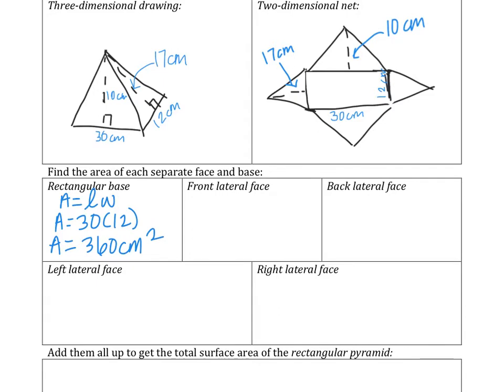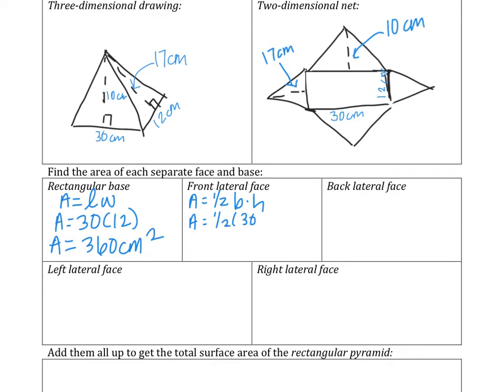Now we're going to find the front lateral face, and that is going to be a triangle. So area equals half base times height. The front lateral face is the one right here in front. So area equals half, the base is going to be 30, and the height is going to be 10.